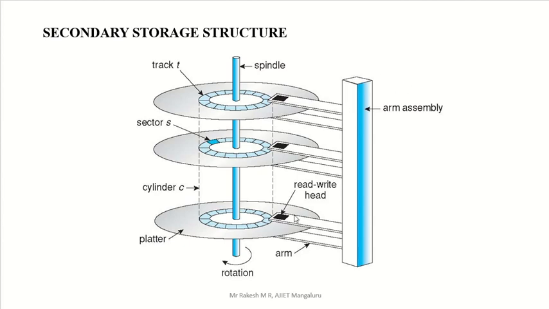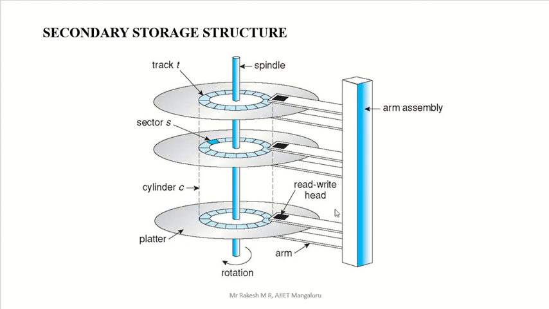This is just movement, but this is the head of your arm. From that head we can write and read, so that is why it is called the read-write head. By using that head we can read and write, and we can move it. That is why we have the arm, so we can move it.